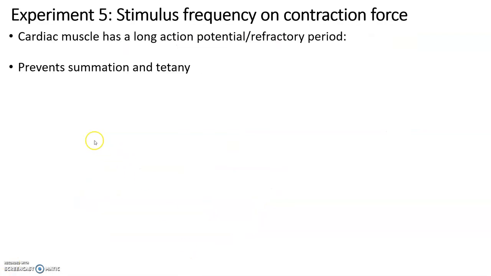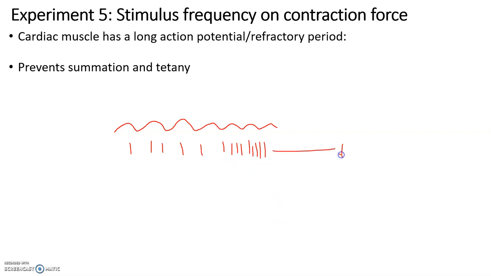So what we will be doing is we will take our heart and we will have an electrode in the ventricle, and we will be setting a rhythm or a new pacemaker. And what we should notice if we look at the force of that is as we increase the frequency of stimulations, we should notice that the force of contractions, pardon my drawing, this is the frequency of stimulations here.